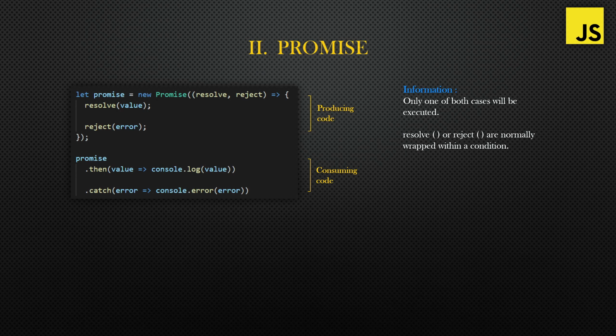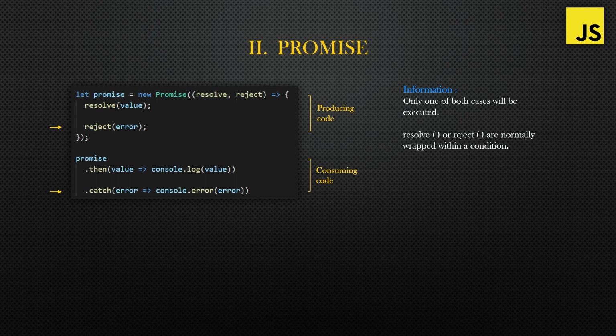It is important to notice that the promise is either resolved or rejected, so only one of both cases will be executed. If the promise is resolved, it is handled with the .then method. And if the promise is rejected, it is handled with the .catch method.